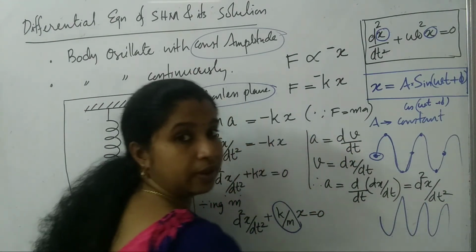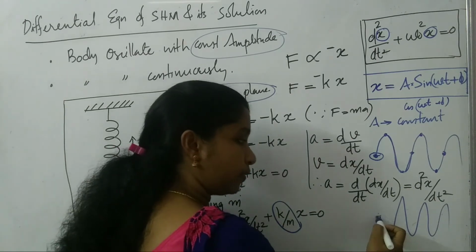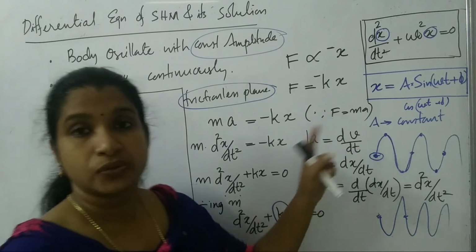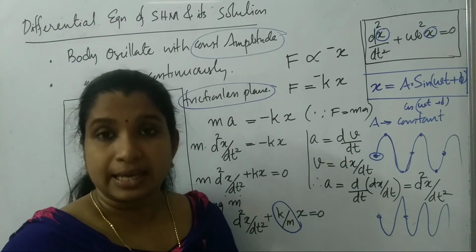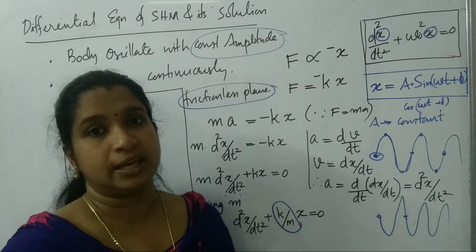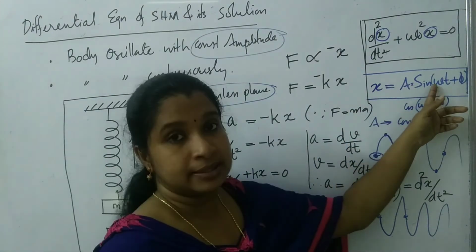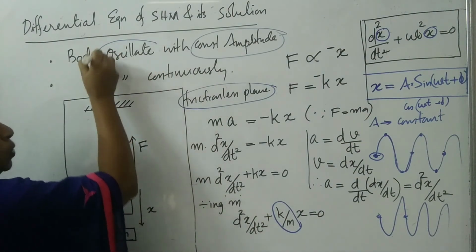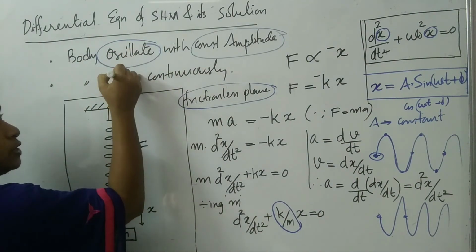This is a cos wave. In this cos wave also the body repeats in regular intervals of time. So the presence of a sine wave or cos wave indicates that the mathematical function is periodic in nature. So from this second term we can state that the body oscillates, which means it is periodic.